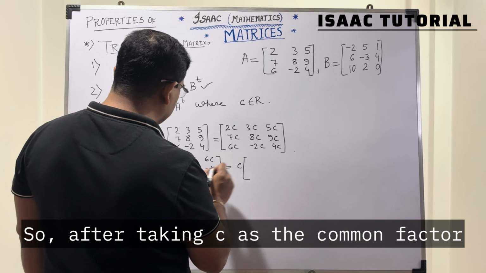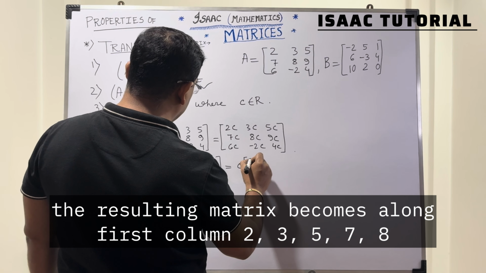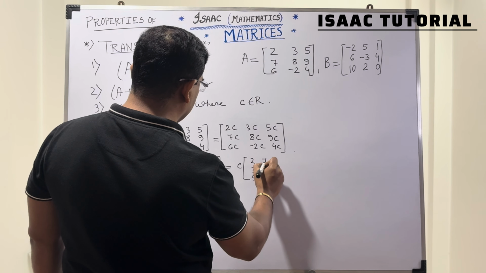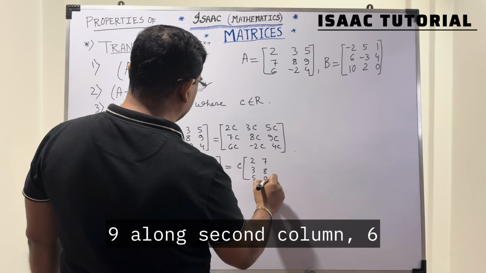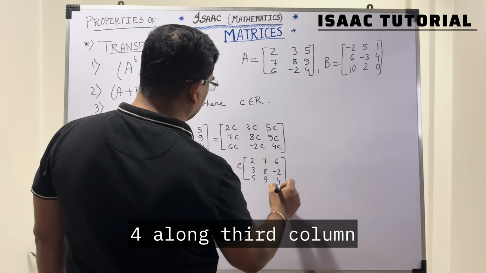So after taking C as the common factor, the resulting matrix becomes along first column 2, 3, 5, 7, 8, 9 along second column, 6, minus 2, 4 along third column.